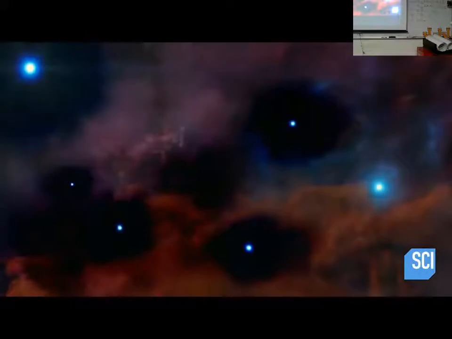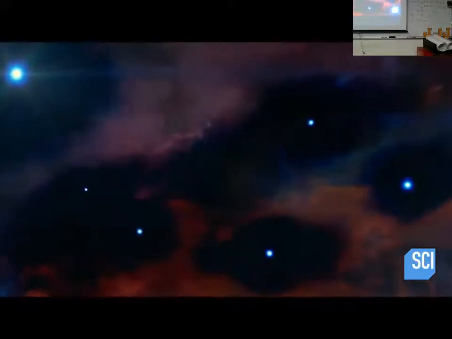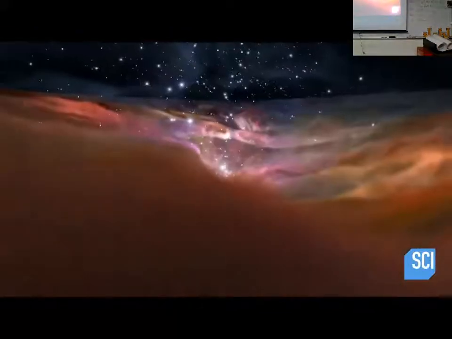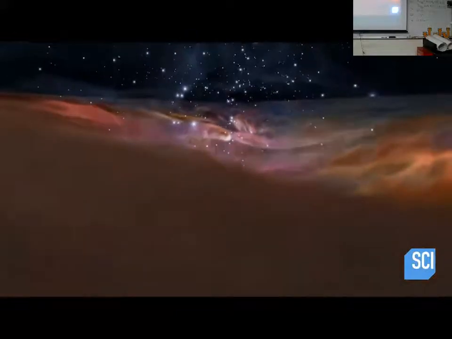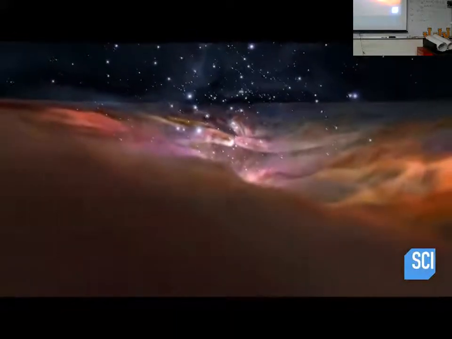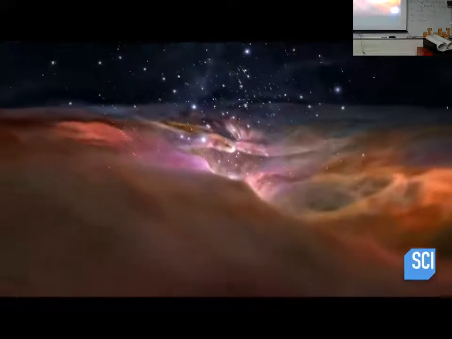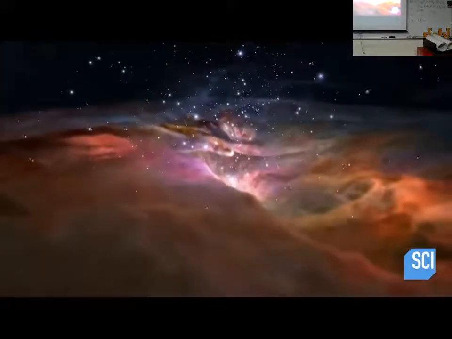At Orion's heart lies a cluster of young stars. Together, they blast out charged particles in solar winds, blowing open a gap at the center, creating a window inside. We actually see the structures and the volume. We can actually see the processes happening right before our eyes.